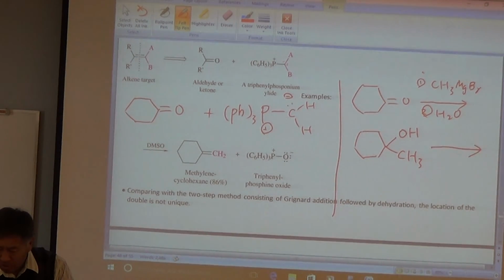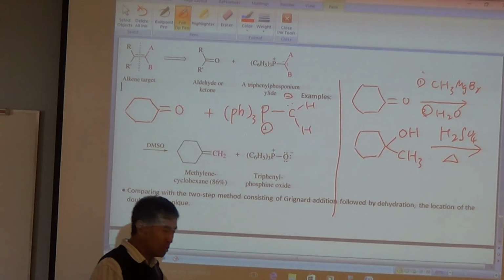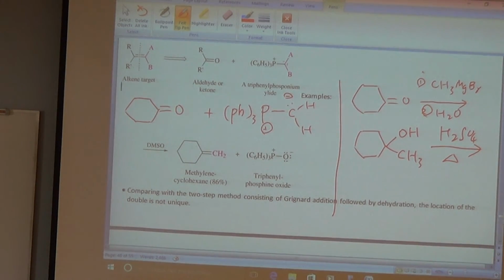Because if you take the next step and you add H2SO4, like adding H, right? You review that from the chapter on alcohol. Whenever you have alcohol and you add some of those acids, you heat. Even in the chapter on alkene, the double bond.